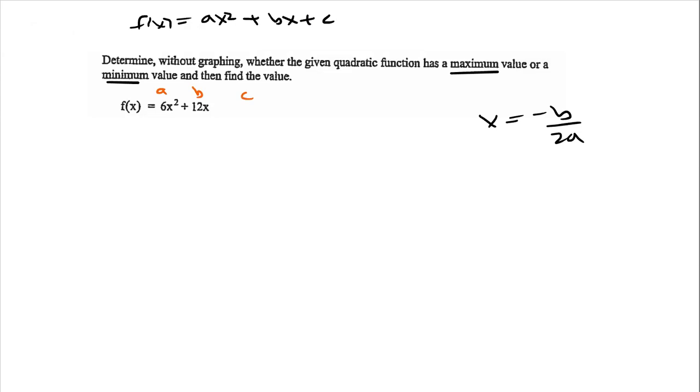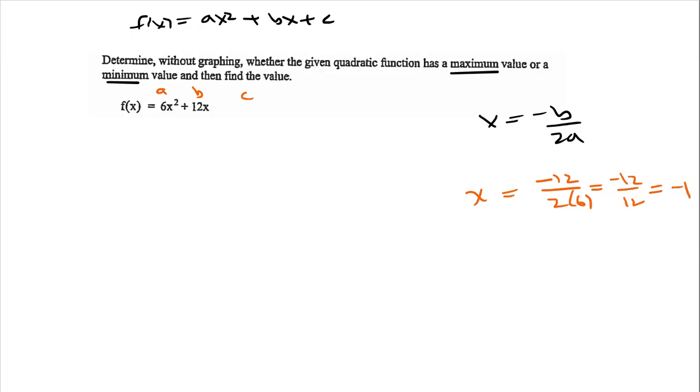Okay. All right. So if we use this formula here, our b is going to be 12, so I'll put a minus 12 here. And then 2 times a is 6, so 2 times 6. So negative 12 divided by 12 will give us a negative 1. So this is our x, okay?